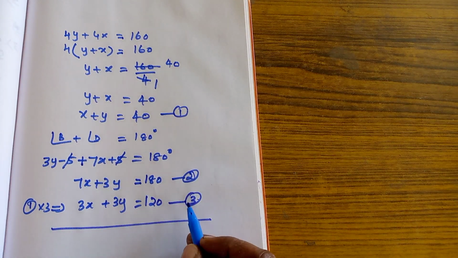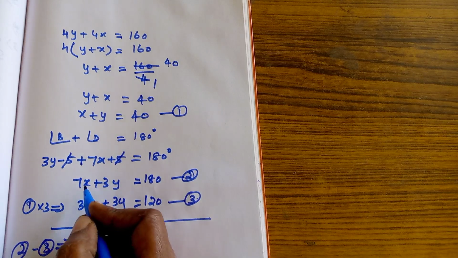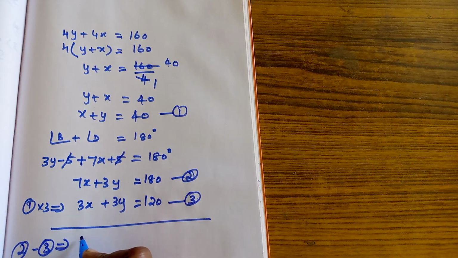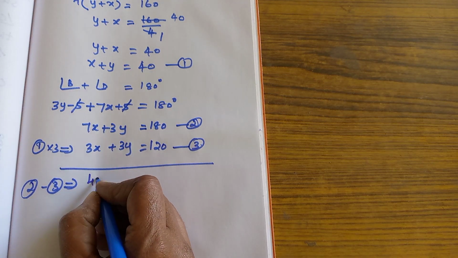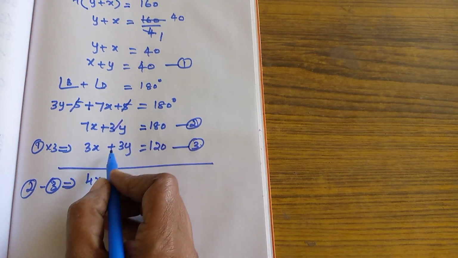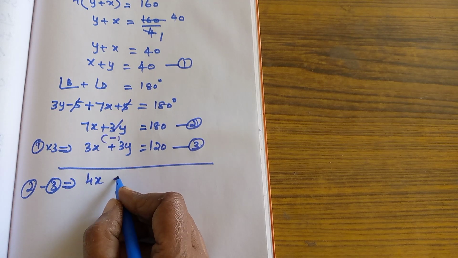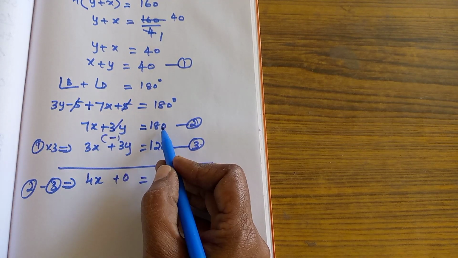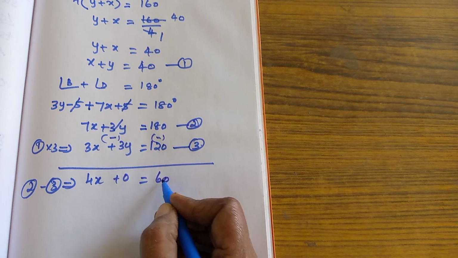Now let us subtract 3 from 2. Equation 2 minus 3: 7x minus 3x is 4x, and 3y minus 3y is 0, equal to 180 minus 120, which is 60.